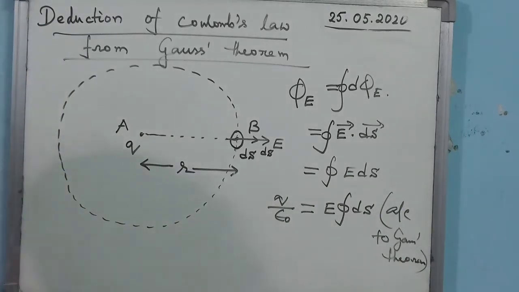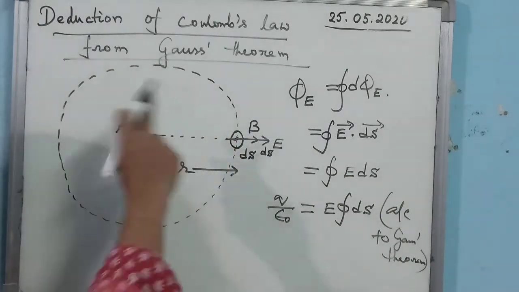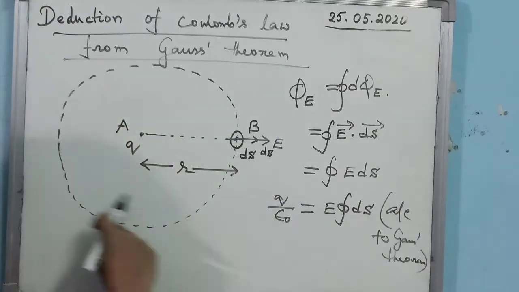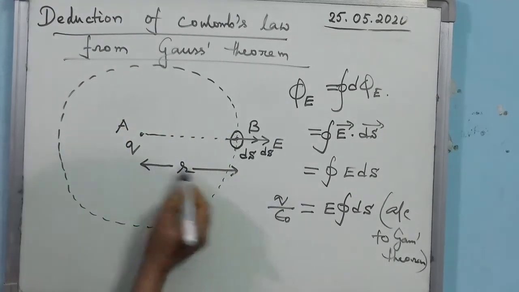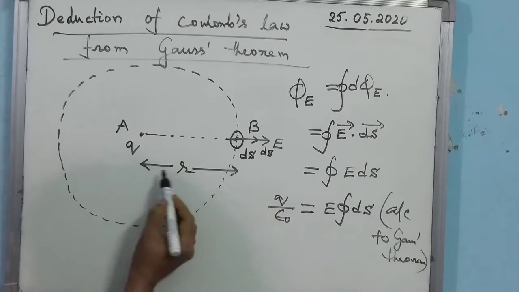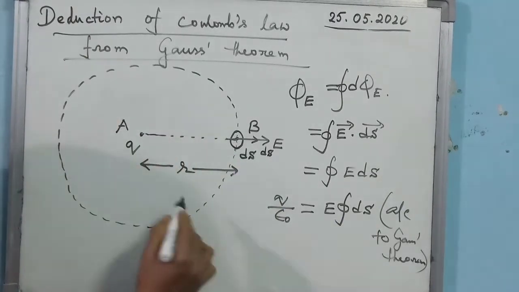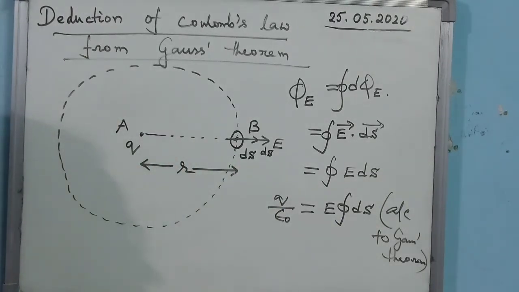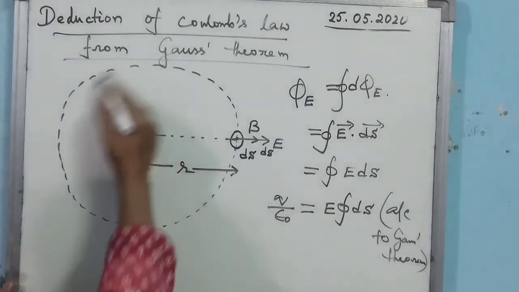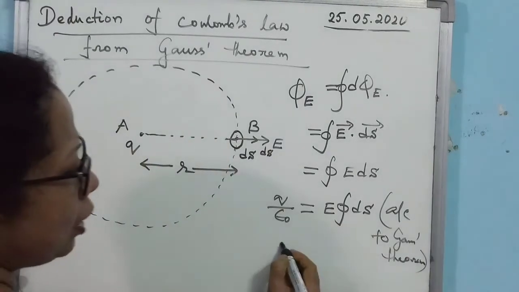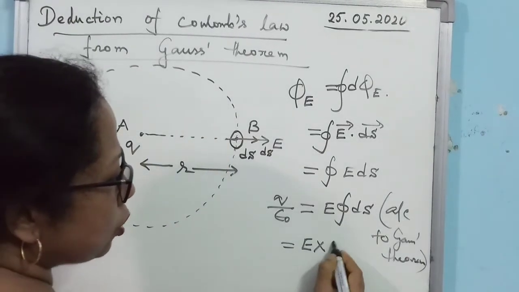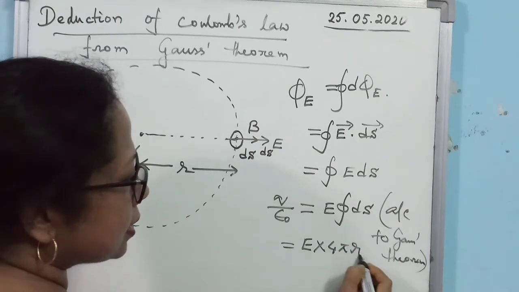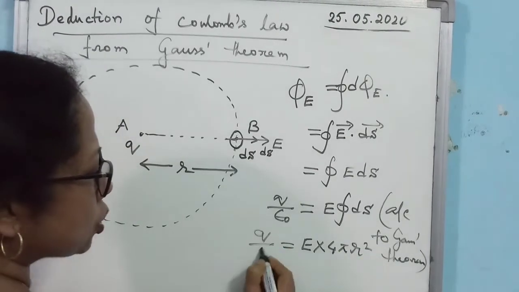It means the entire surface area. I have chosen a sphere, and R is the radius of the Gaussian spherical surface chosen, so the entire area will be 4 pi r square.